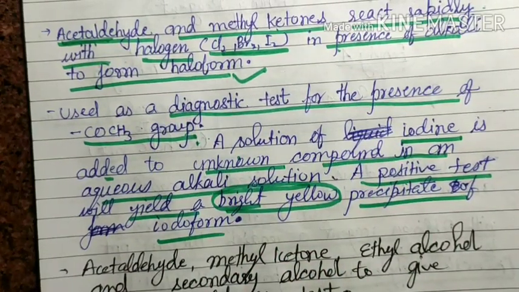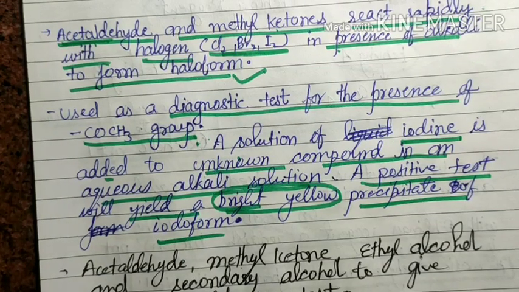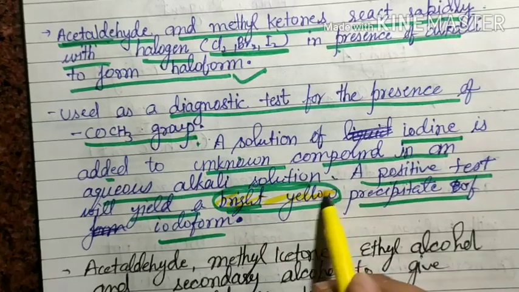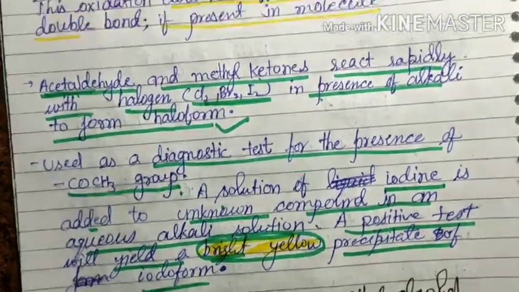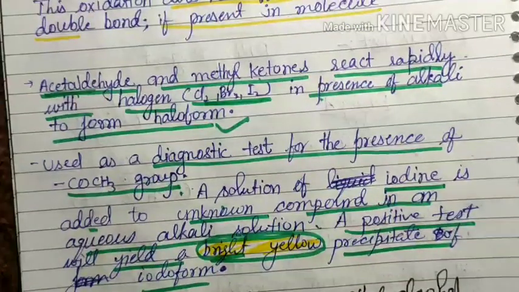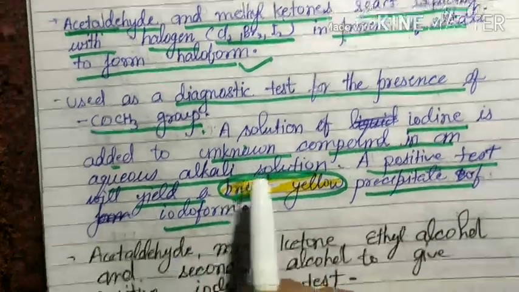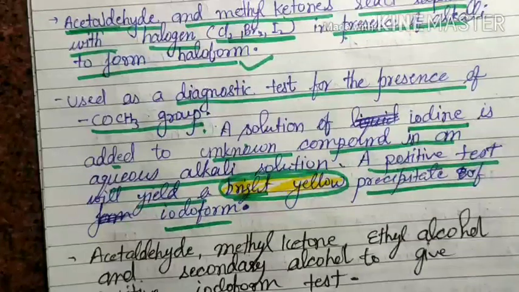When Cl2 or Br2 is used, chloroform and bromoform are liquids, so you cannot identify the presence of the C double bond CH3 group, though the reaction takes place. For a change in color we use iodine, and a bright yellow precipitate is formed, indicating the presence of the C double bond CH3 group. Bromine and chlorine are not used because bromoform and chloroform are liquids, so you cannot identify the reaction. So we use iodine, and it is also known as the iodoform test.